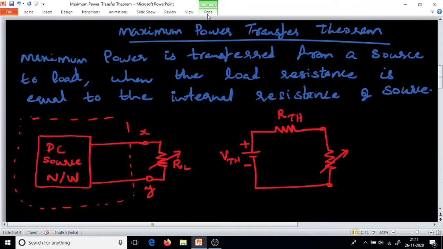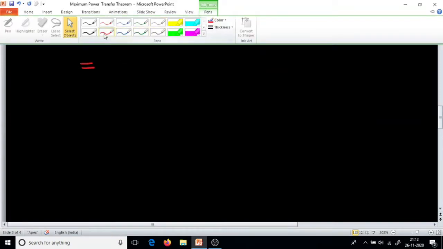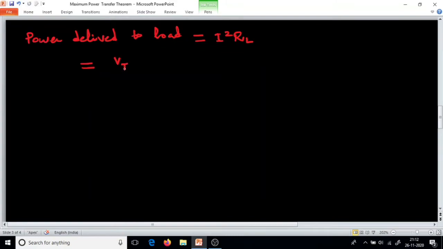So I square is VTH by RTH plus RL, whole square, multiplied by RL. This is the power delivered to the load.